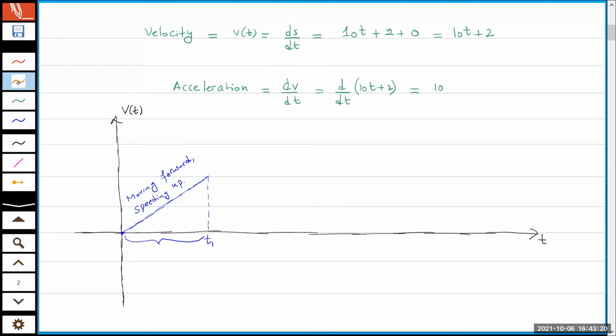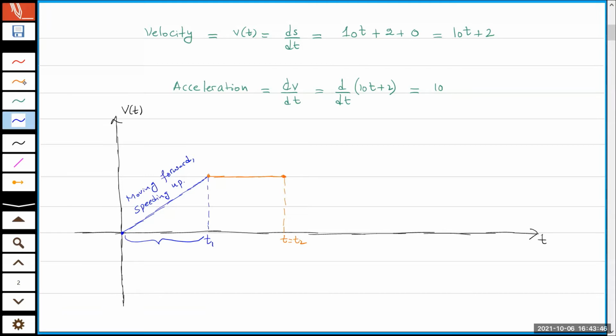Now suppose from here, the graph of v of t looks like this straight line, from t equals t1 up to t equals t2. Now this means that my velocity is not increasing because it's fixed now, but it is still positive.